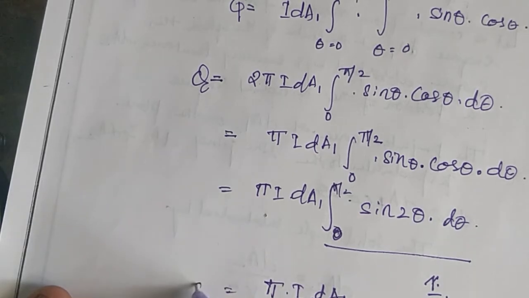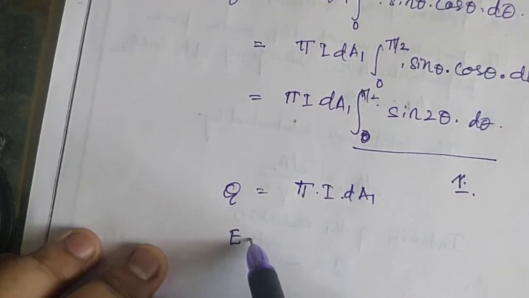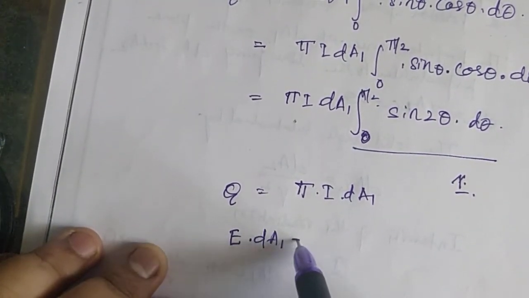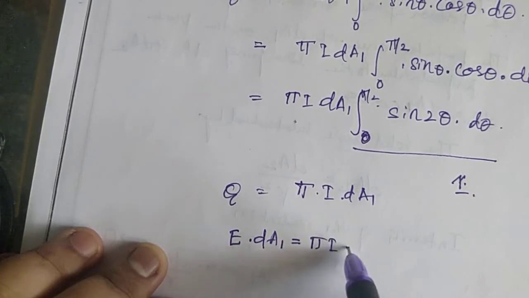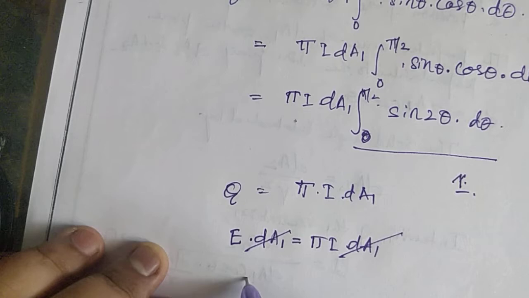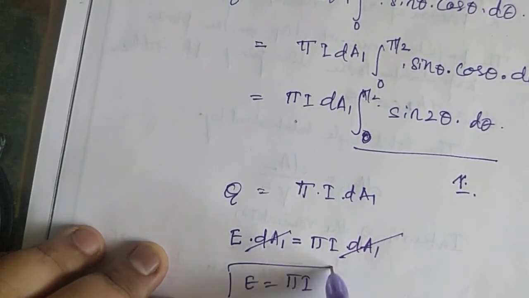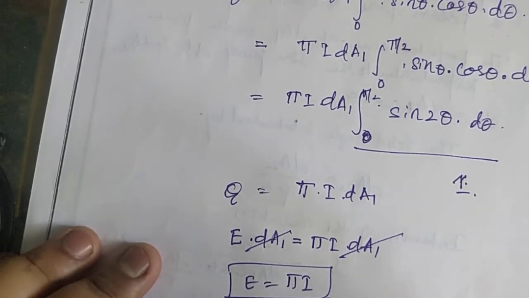So Q also we can write as emissive power times the elementary area, E dA1, and that is pi I dA1. So this is the desired equation.